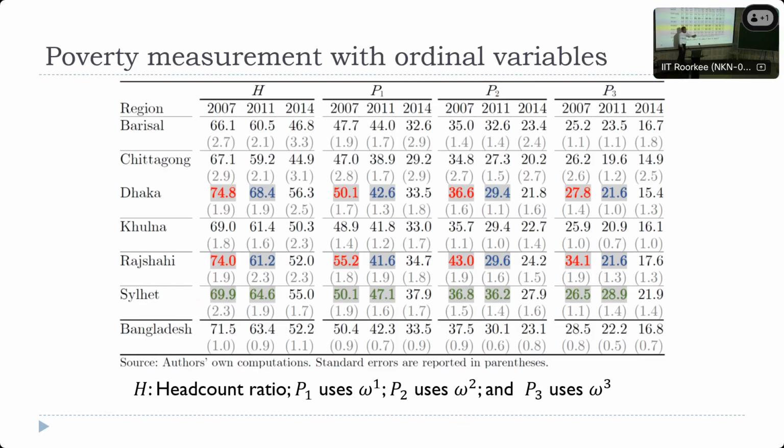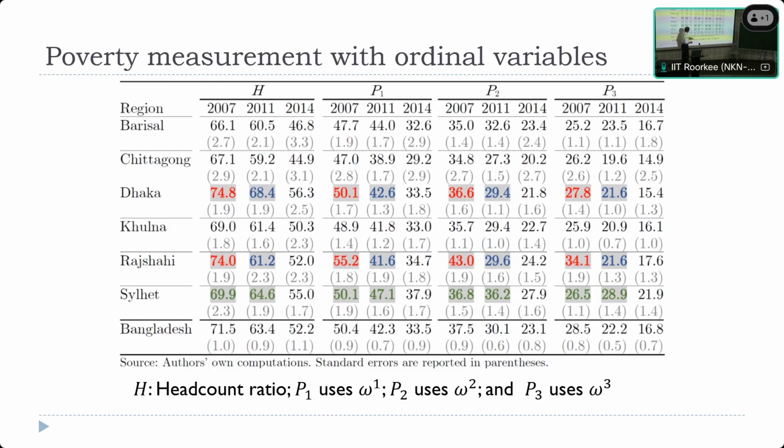We first use T1. T1 is minimum precedence. When you use minimum precedence, you see here 50 to 42.6, but this one 55 to 41.6. Look, already the level of poverty is changing when you take the depth into account. Compared to Dhaka, Rajshahi is much poorer actually when you take the depth. Without the depth, as if they were the same.